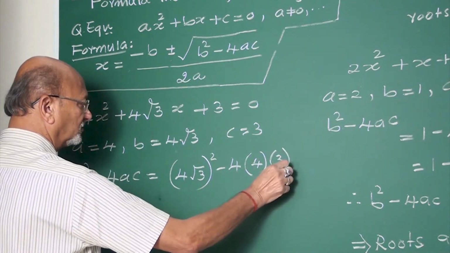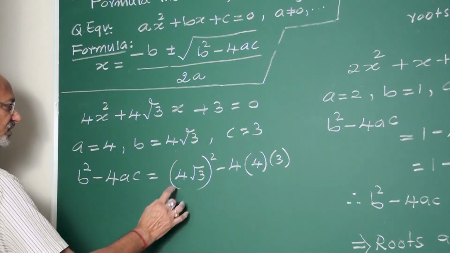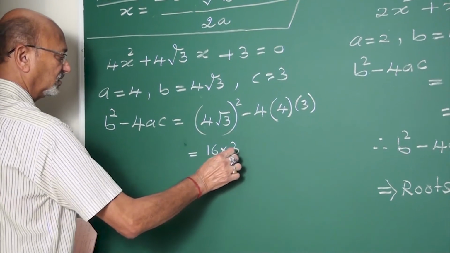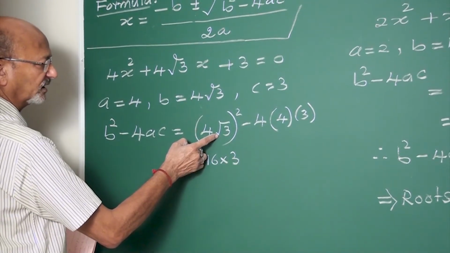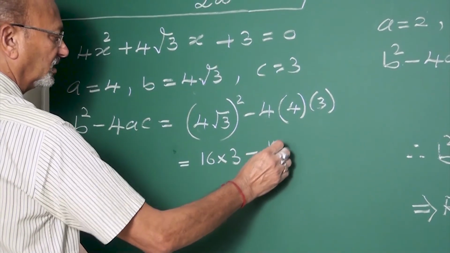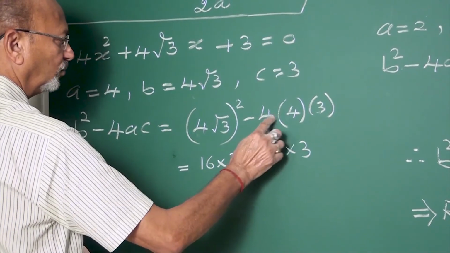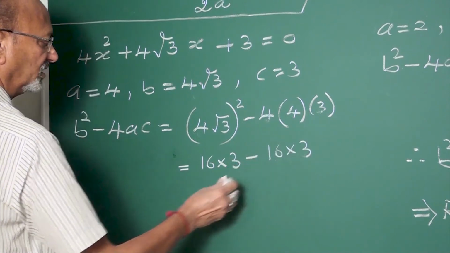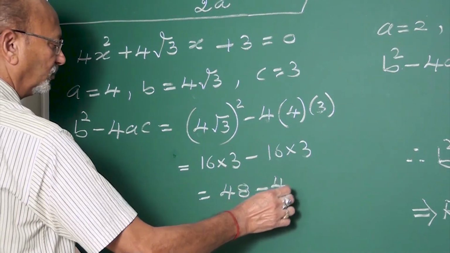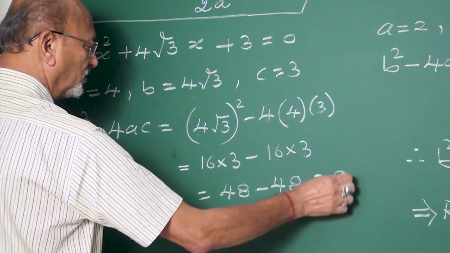B square, 4 into root 3 the whole square, minus 4 into 4, C is 3. What is this? 16 into 3 minus 16 into 3. 4 into 4 is 16 into 3. What is this, my friend? It is 48. 48 minus 48 means 0.